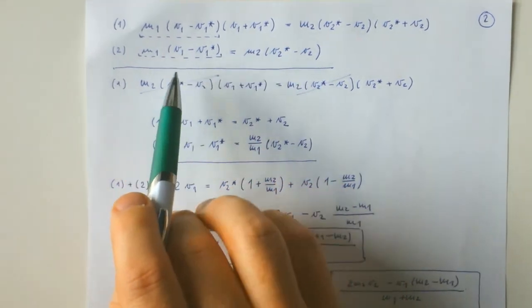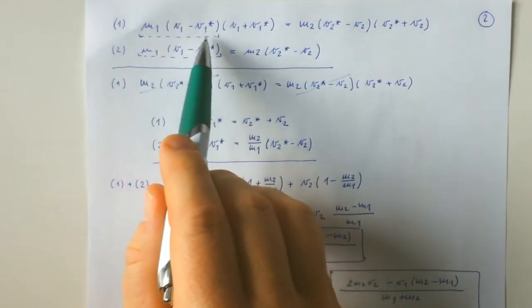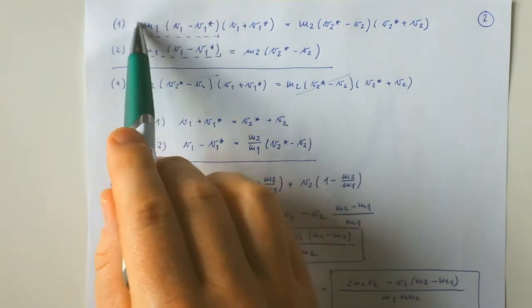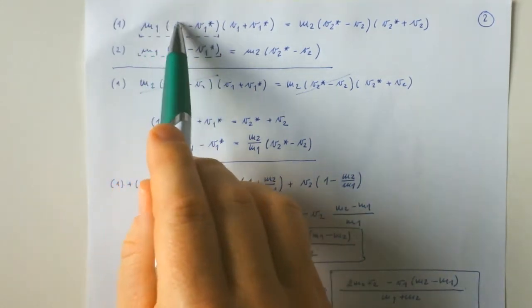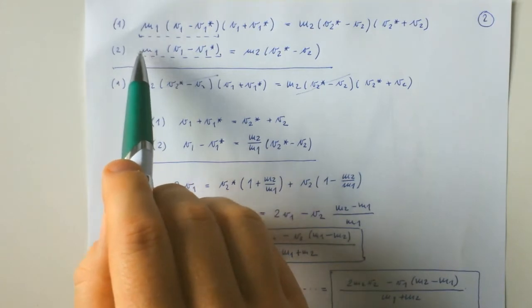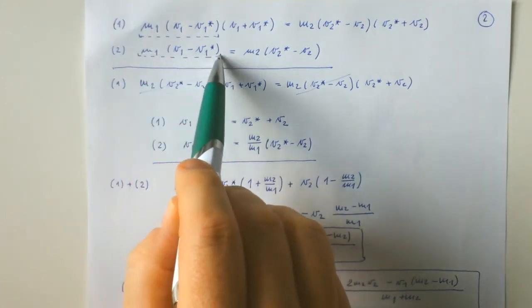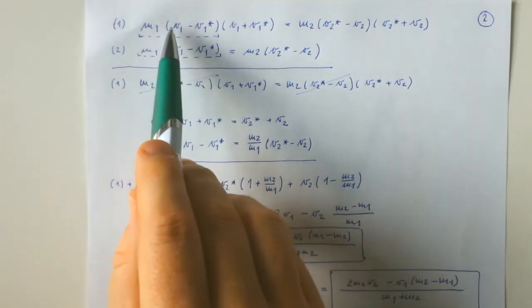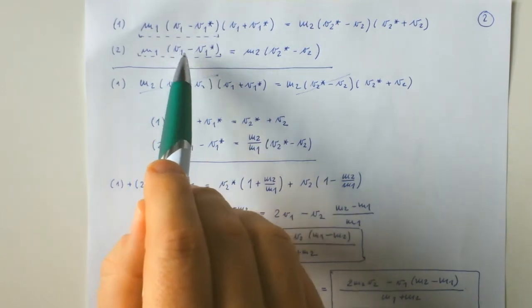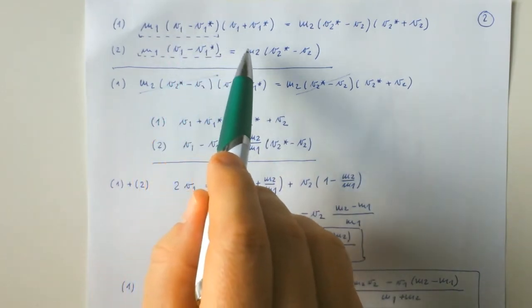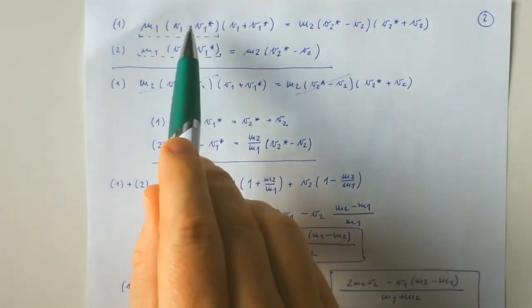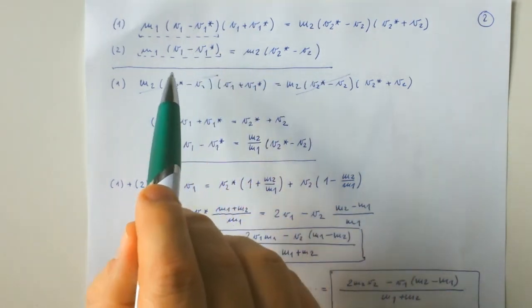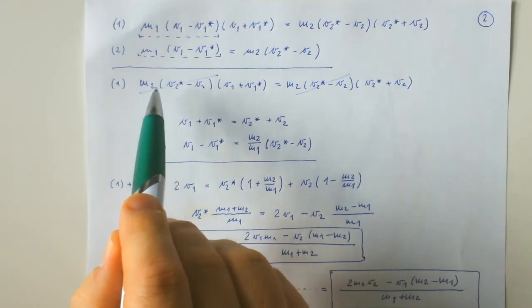And you can see that on this left side there appeared this term, and we can check that this term is equal to this term. So if it is equal, we can substitute this for this, and we get a new form of equation 1.